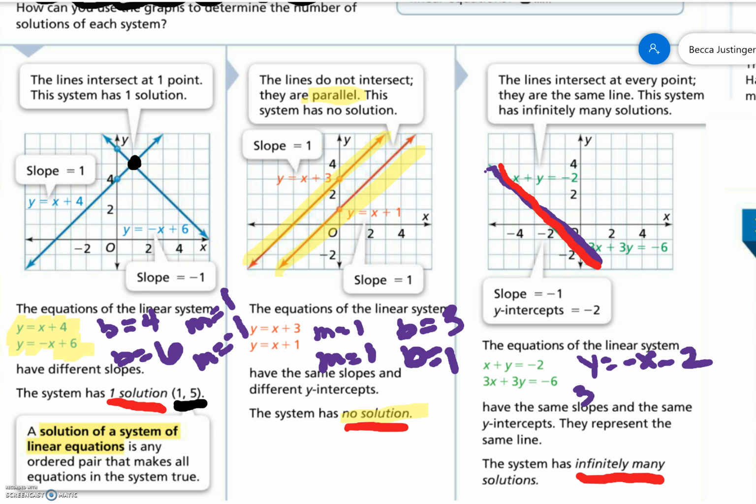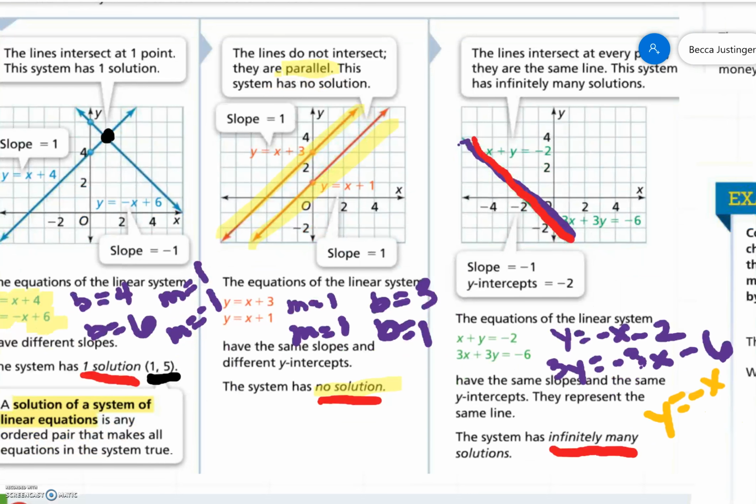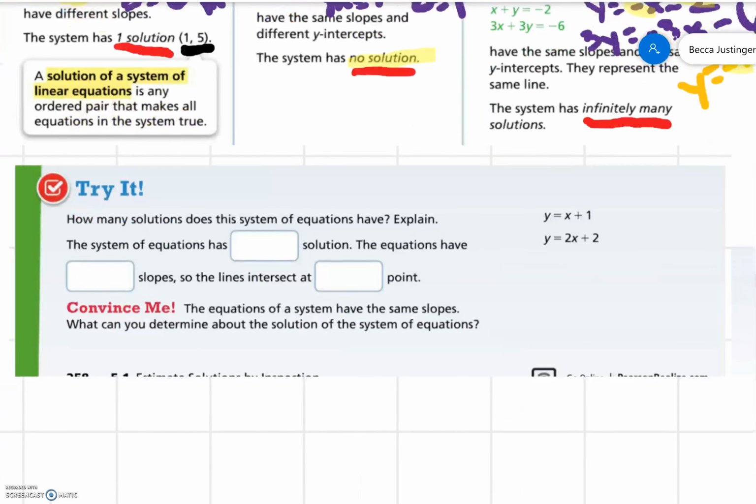This would be 3y equals -3x minus 6. If we divide everything by 3, it would be y equals -x minus 2. So they have the same slope and the same y-intercept, which means they are the same line.